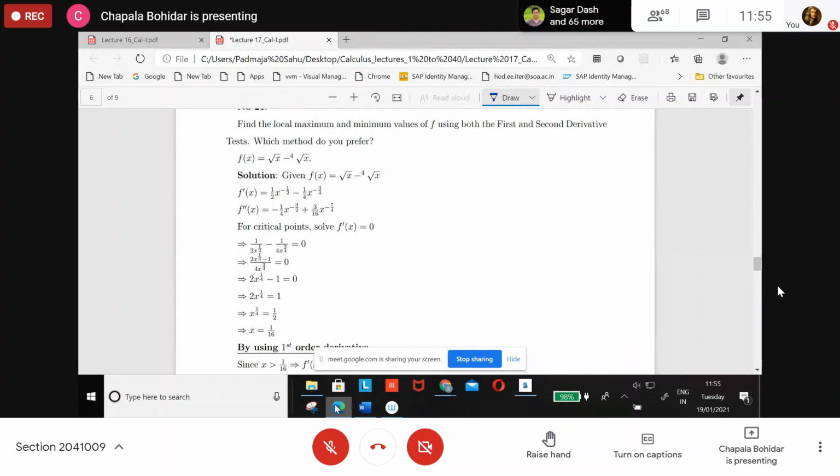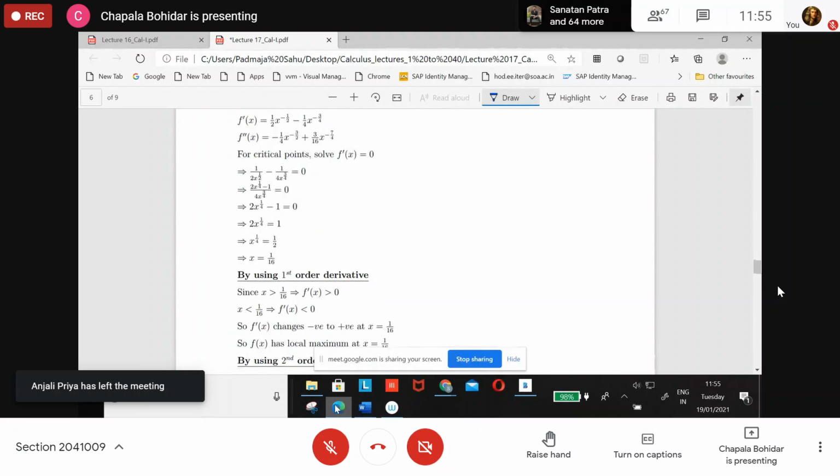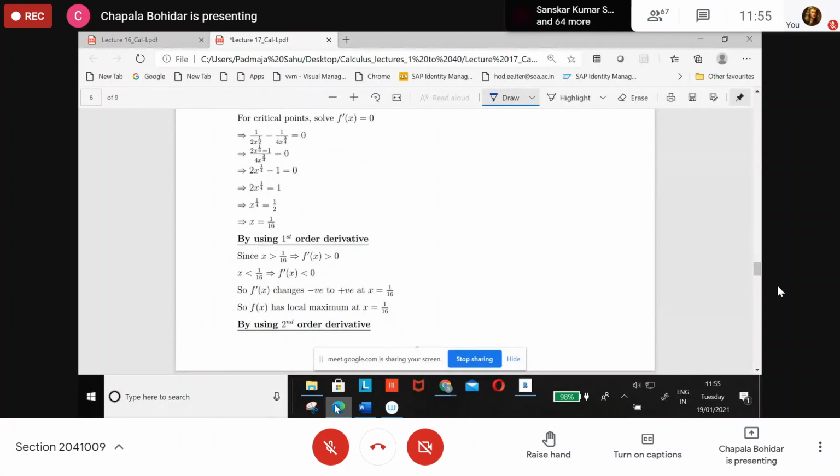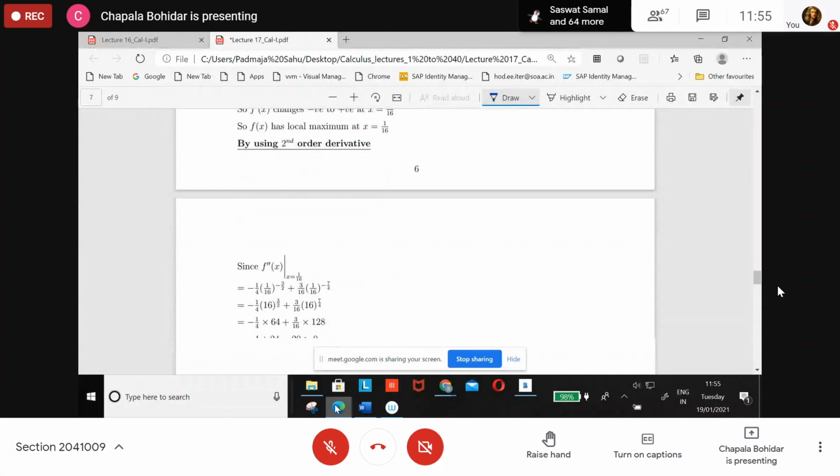Yes, it is 1 by 2, by using the first order derivative here also. Both are done here. Second order derivative also done here.